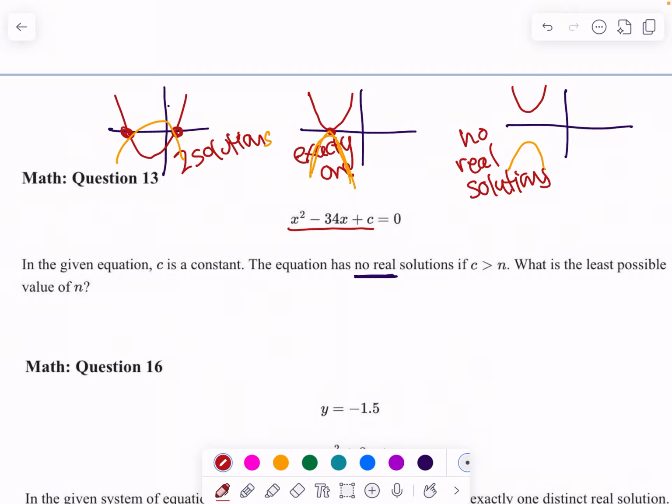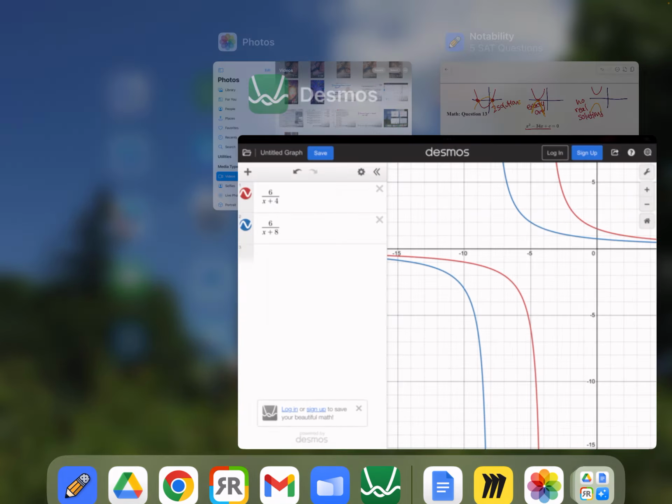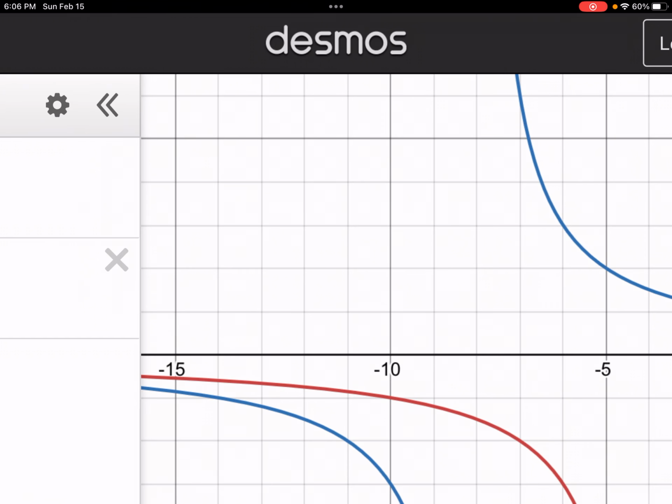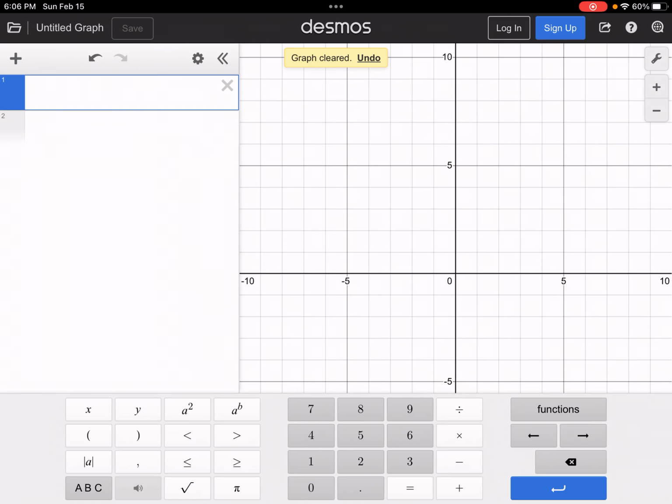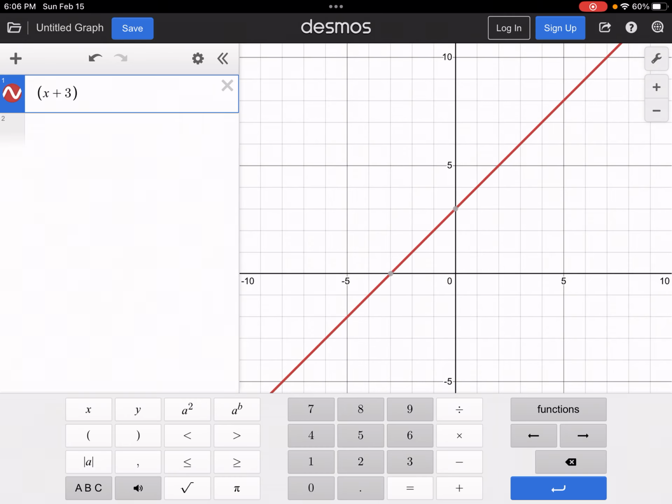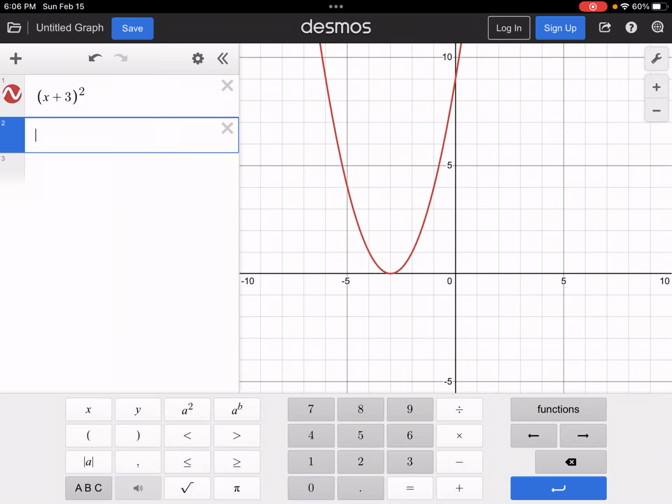And when there's exactly 1 solution, let me show you an example. I like how that just automatically zooms in. Okay, so I'm going to show you what that would look like. If I had x plus 3 squared, and if you don't remember this one, it's okay, we can go over that later.